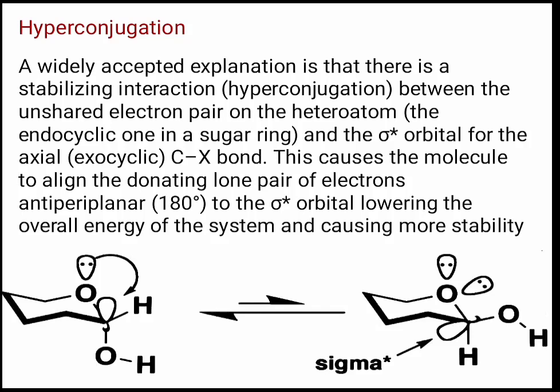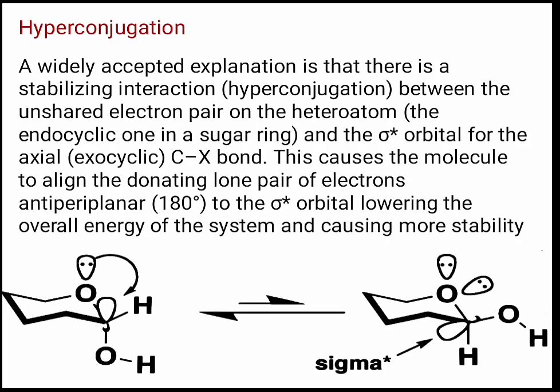That means there is some hyperconjugation from this oxygen lone pair to the sigma star of this carbon and oxygen. This causes the molecule to align the donating lone pair of electrons anti-parallel to the sigma star orbital, lowering the overall energy of the system and causing more stability.